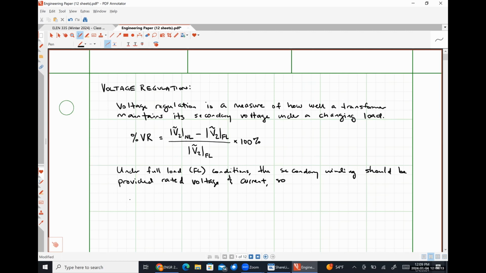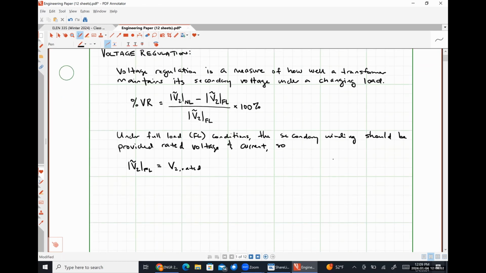So the magnitude of the secondary voltage under full load conditions is literally just the secondary rated voltage, right? So whenever we have a transformer that's say 7200 volts RMS / 240 volts RMS, if the secondary is the low voltage side, then our rated voltage is 240 volts. If the secondary is the high voltage side, then our rated voltage would be 7200 volts. It's what we're specifically told. So that's the easy one, right?